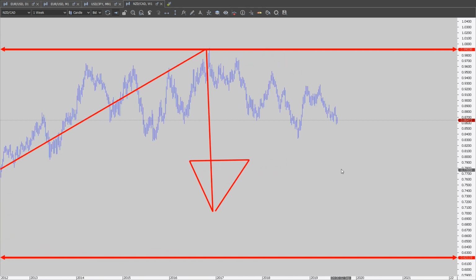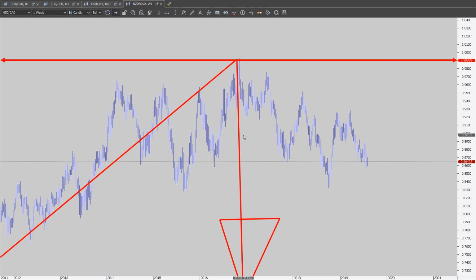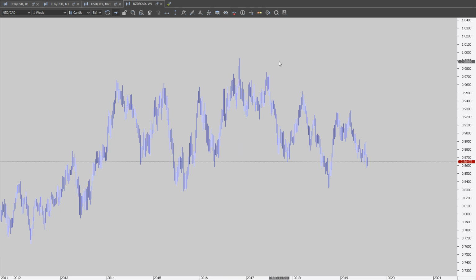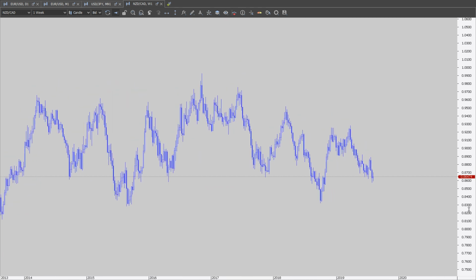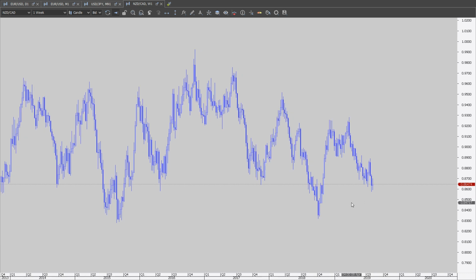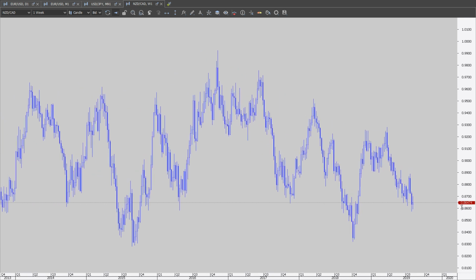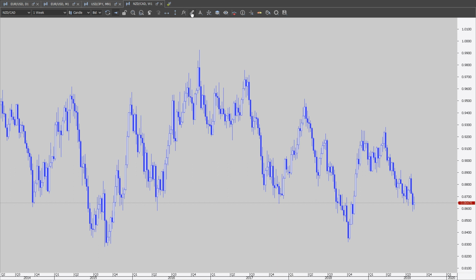Okay. Now I'm going to delete the arrow. I'm going to delete the band. Where does the downtrend start? Well, the downtrend starts at the absolute high. At the highest high is where the downtrend starts.